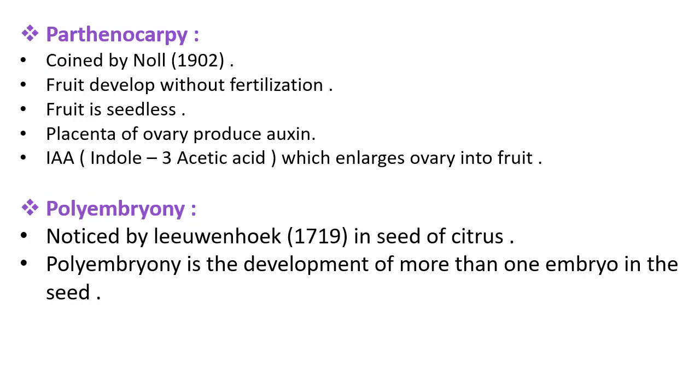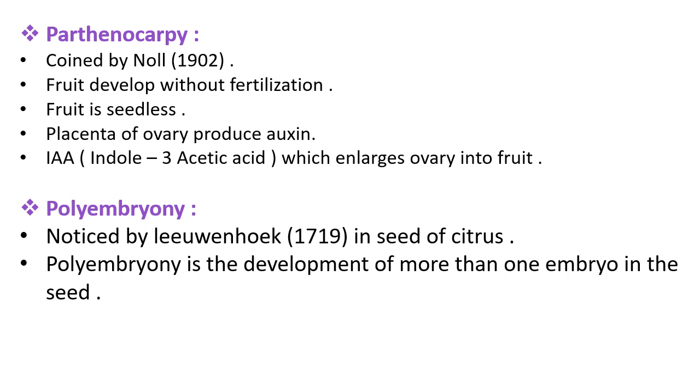Now we will study the next topic, that is Parthenocarpy. The term Parthenocarpy was introduced by a scientist called as Knoll in the year 1902. In this, condition of fruit develop without the process of fertilization and the seeds are not developed.